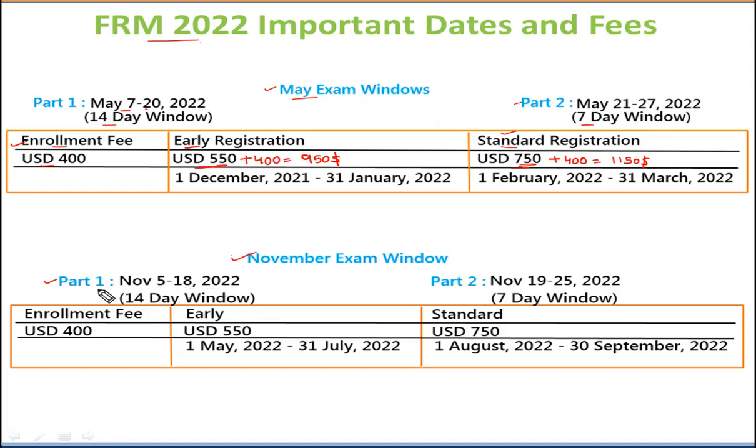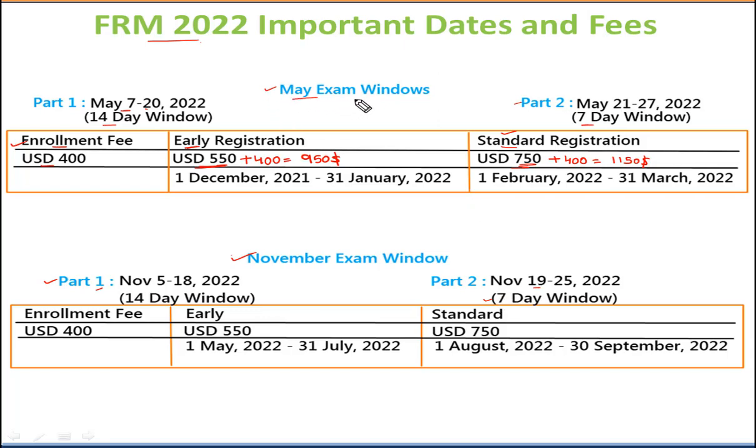That's the exam window for FRM Part 1, again a 14-day window, and for FRM Part 2 it's going to start from 19th of November up until 25th of November 2022, again a 7-day window as in the May exam window.